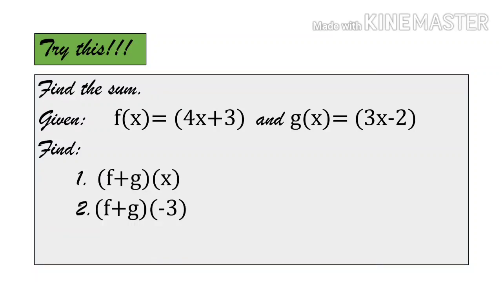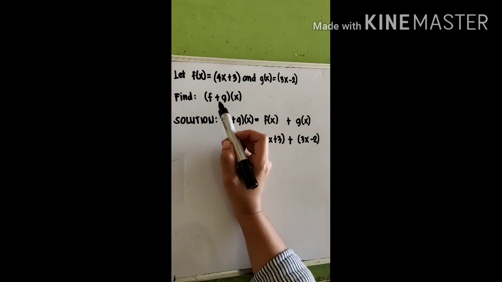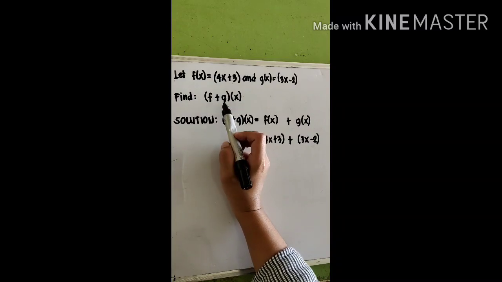Find the sum. Given the function f(x) is equal to 4x plus 3 and the function g(x) is equal to 3x minus 2, find (f plus g)(x), and secondly, find (f plus g)(negative 3). First example, we are tasked to solve for the sum of f(x) and g(x).